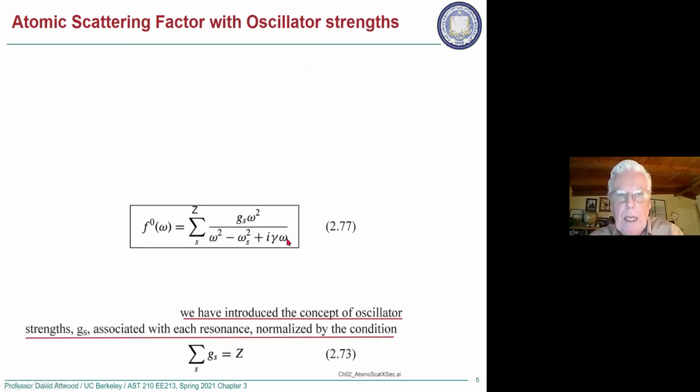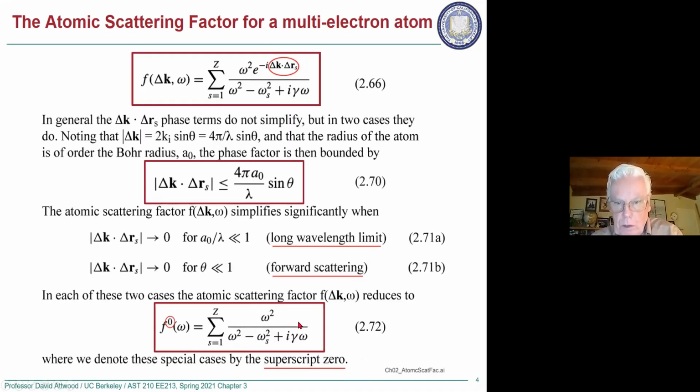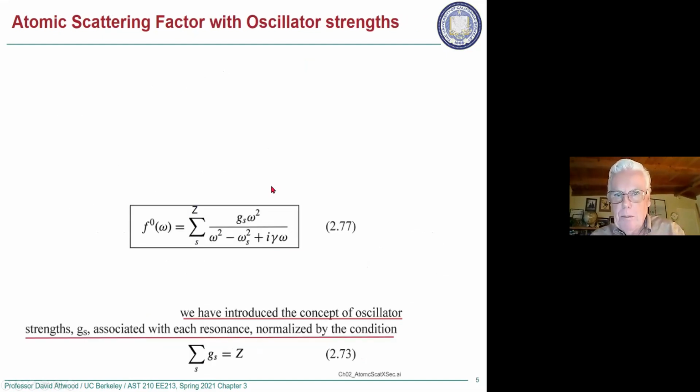So this was our atomic scattering factor, and this is for an atom that's got Z electrons, and we're saying from S equals 1 to Z. So classically, where this developed in spectroscopy, they would put in an oscillator strength here. So this sum over S has the sense that, for instance, you could imagine some atom, it's got 2 electrons in the N equals 1 state, and they have an allowed resonance with some higher value of N beyond the other electrons, so into some unfilled state.